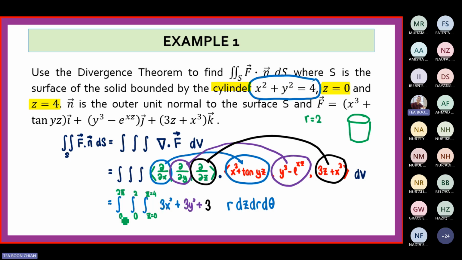All right. So this is what we mean by surface integral, double integral. You convert it into the divergence theorem in a triple integral in cylindrical coordinates. Now, let me copy this whole line again in the next slide for us to go through more clearly. So integrate from 0 to 2 pi, cylinder full circle, from 0 to 2, the radius, integrate from z equals 0 to z equals 4, the z equation.